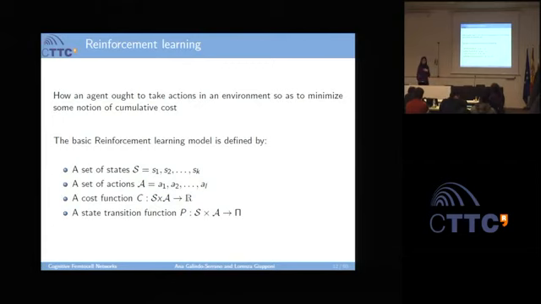As we want to model decentralized learning algorithms, we need to add another component, which is the set of agents in the system. When we model this as a multi-agent system, we have to see this problem as a stochastic game, where each agent, when taking actions, approximates the other agents in the system as part of the environment.